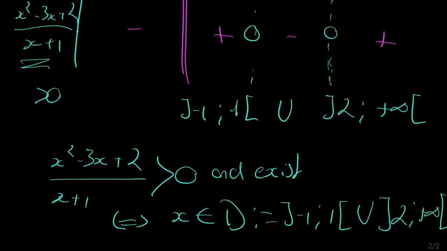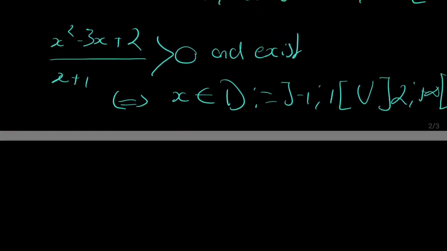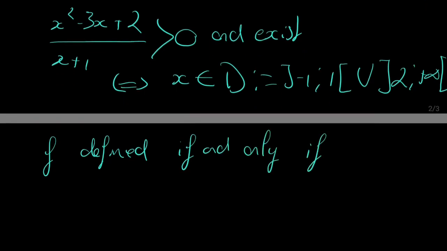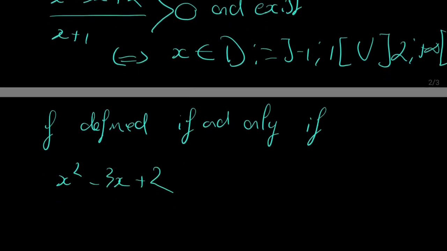And so we've got f defined, our function with the logarithm, if and only if x squared minus 3x plus 2 over x plus 1 is greater than 0 and if it exists.